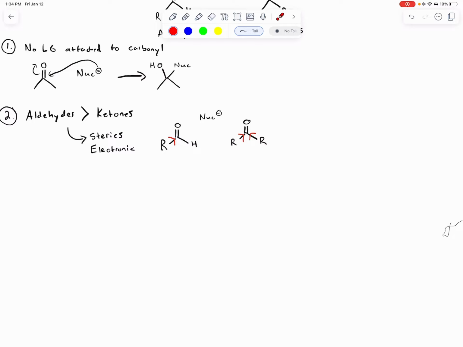Since aldehydes are more reactive than ketones, if you have one of each on a molecule, so let's say I gave you this molecule right here, and there's a ketone on one end, and there's an aldehyde on the other end, and you had 1 mole of, let me give you a reaction that you're going to see later.